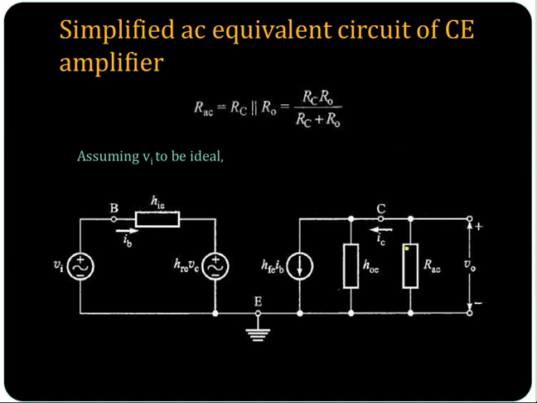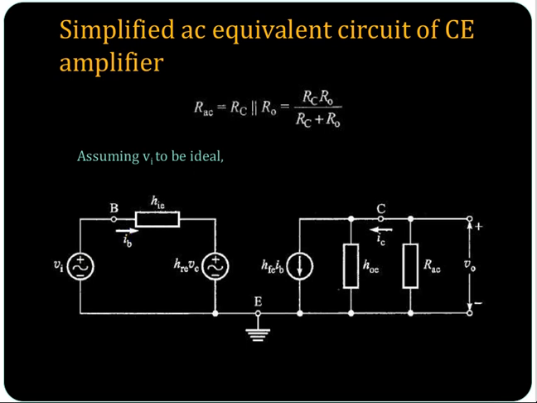So that is replaced with RAC, and assuming VI to be ideal, since the source or the input signal is considered to be ideal without any source resistance, we can carry out this analysis in such a manner that we can ignore R1 and R2, because even if we ignore R1 and R2, since there is no source resistance, this input signal, this IB current, remains the same.